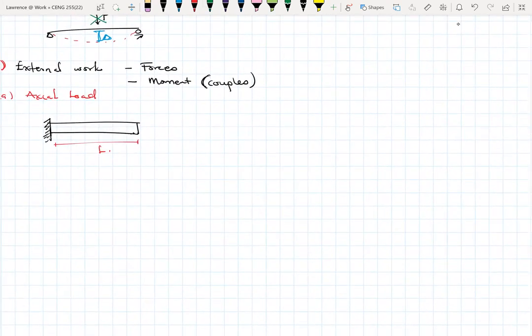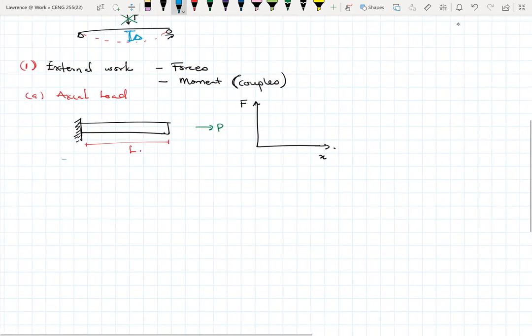As I apply this load, let me draw a plot of force against x, or deformation. When I apply this load, initially when F is 0, there's no deformation, there's no elongation of the bar.